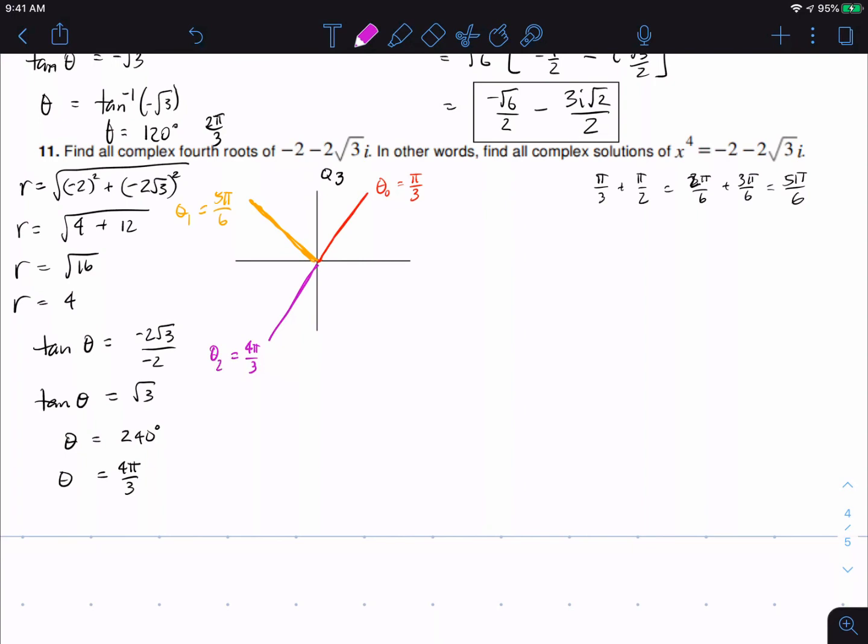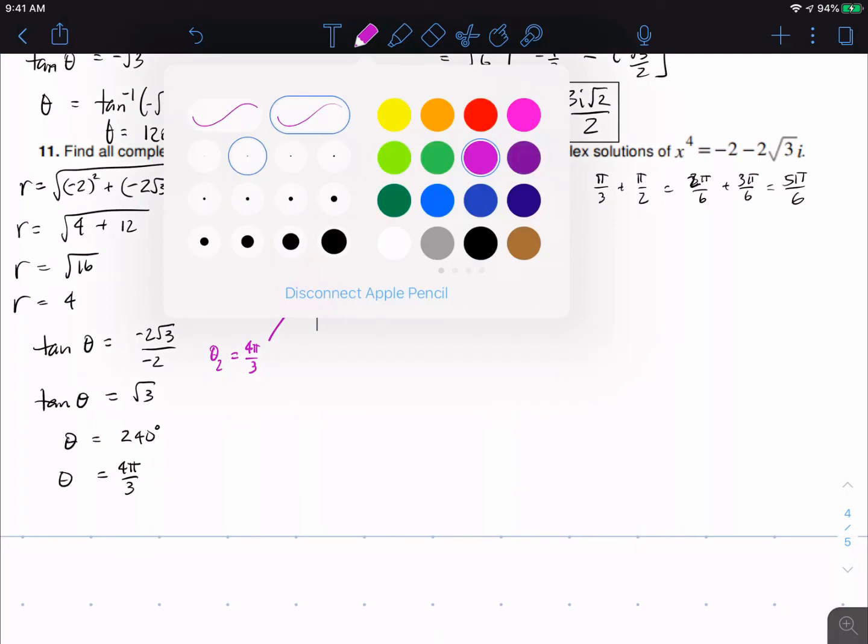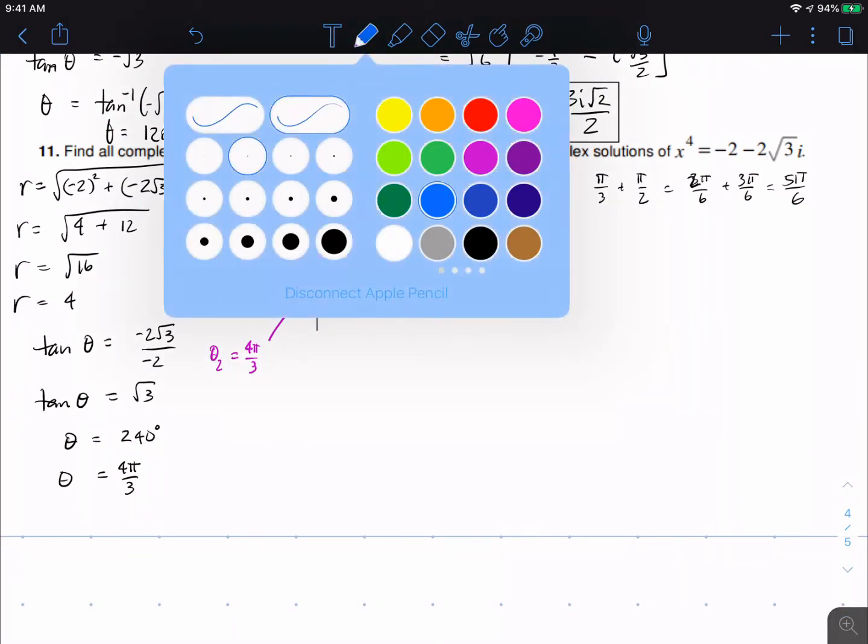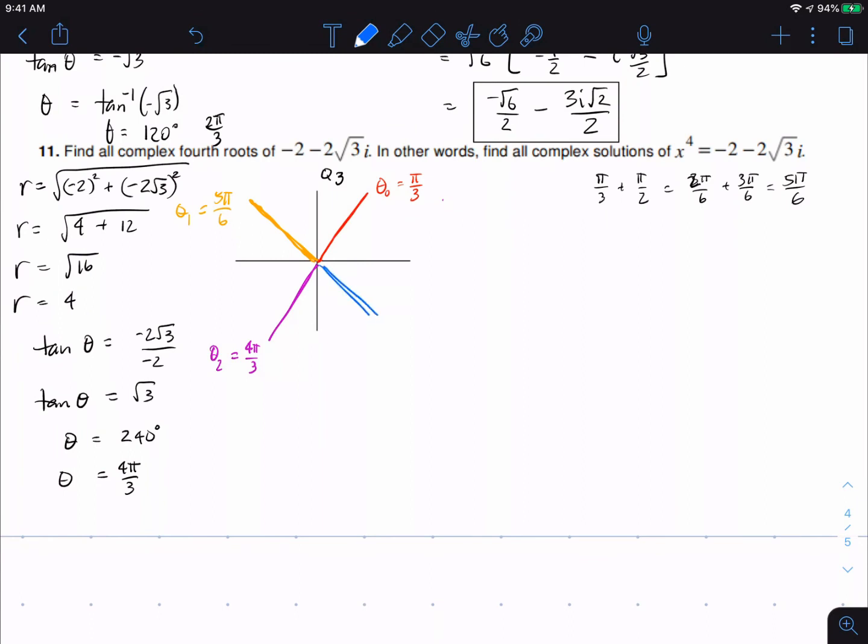And I have to have a fourth solution, right? So my fourth solution, I'll use blue. And that's going to be with this guy over here referencing. And so that's going to be 11 pi over 6. So, just so we have it, theta 3 is 11 pi over 6.